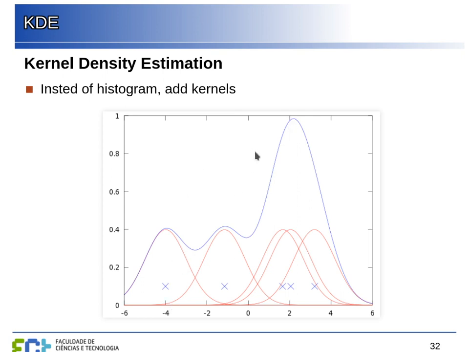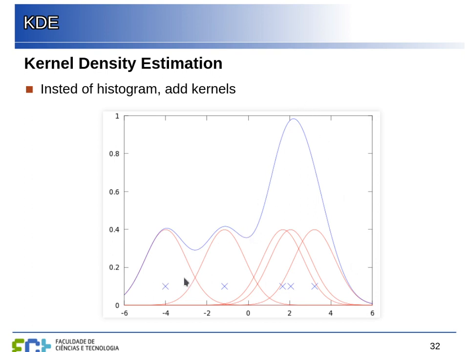So instead of having these discontinuous bars that we have in the histogram when we count things, we have this continuous function that we obtain just by adding all of these kernels centered on each of the points in our data.